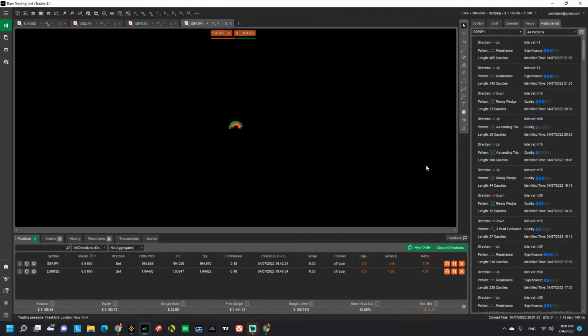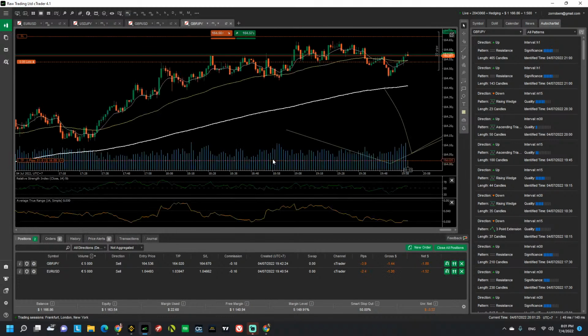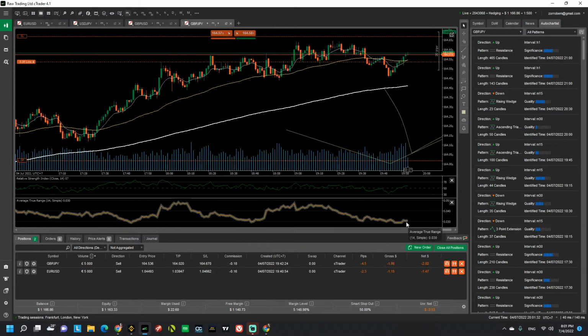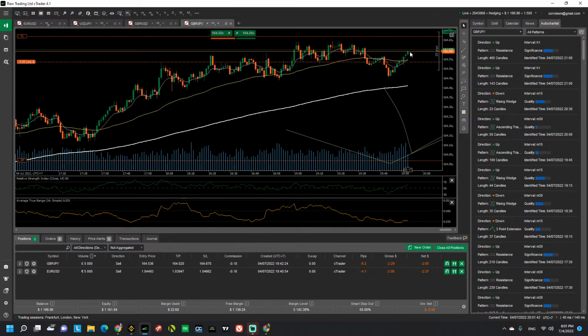Let's see in the 1 minute how strong the momentum is. It's not really strong now. If you see the ATR, it's still down. So now it's moving with very small movement. Yeah, unless the ATR goes up, then it will have a bigger movement going up.